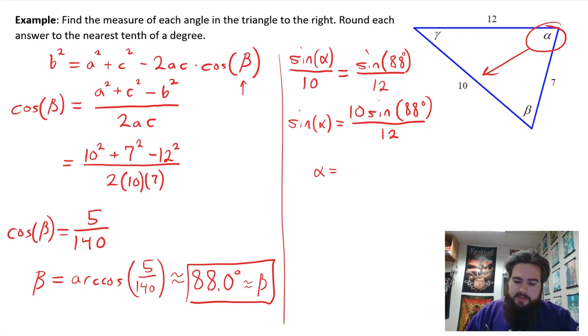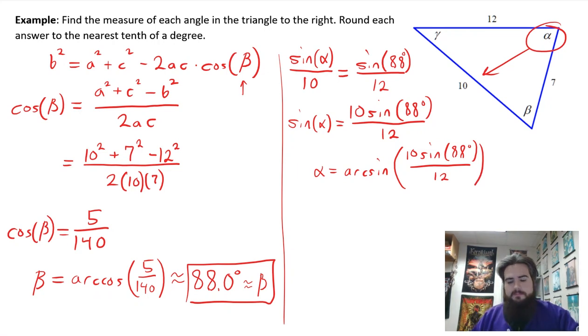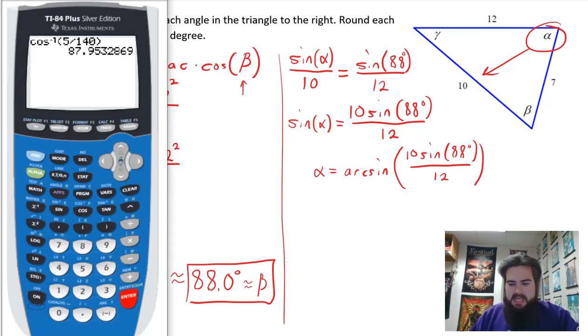And then alpha then is arc sine of 10 times sine of 88 over 12. If I work with that, this will look like inverse sine of 10 times sine of 88 degrees.